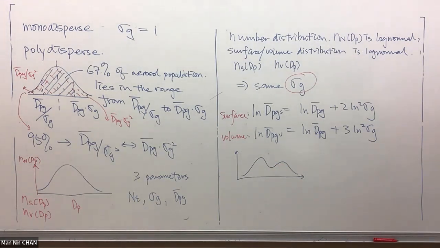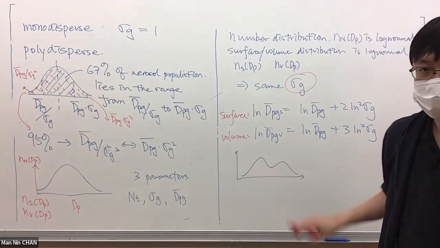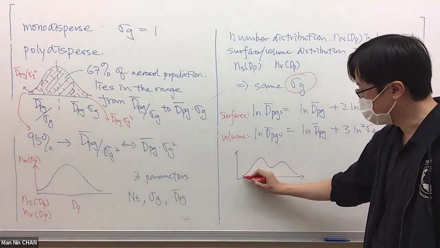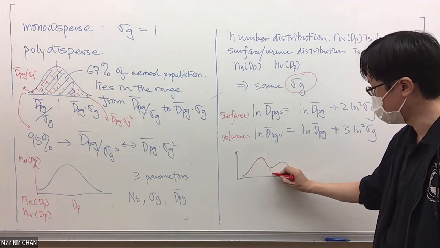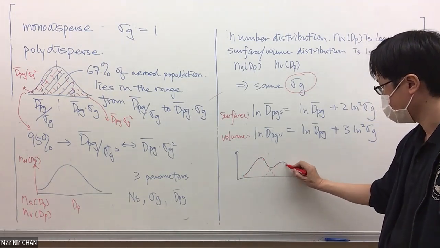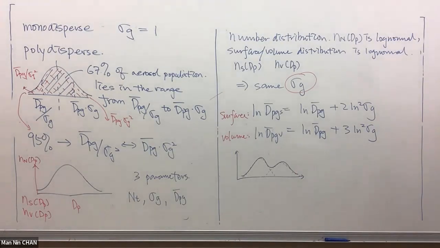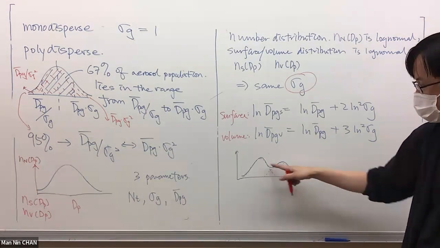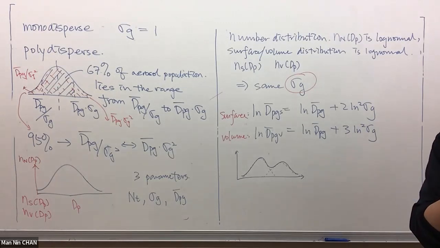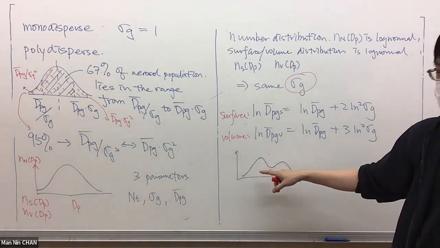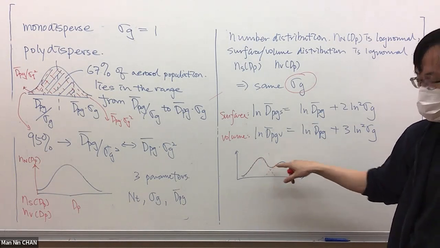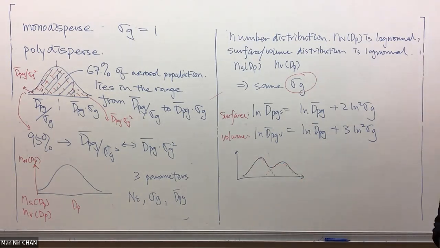So in that case, if you see multiple peaks, you can fit your data with different log normal distributions. Maybe in this case you can fit with 2 different log normal distribution functions, and then just sum them up and describe your data. So this is most of the time how we process the data here.